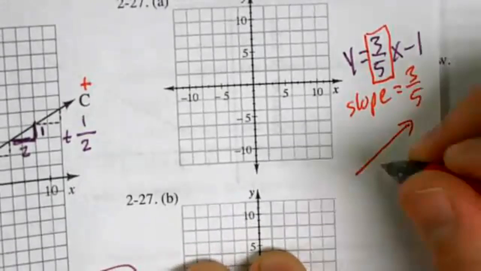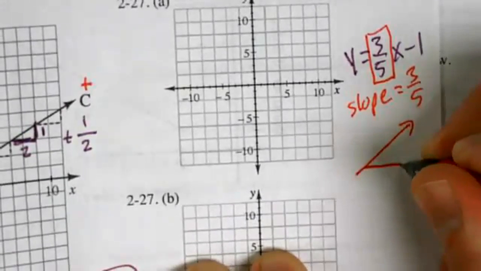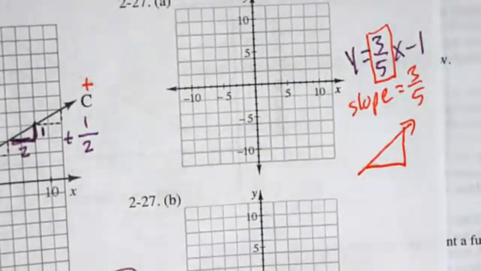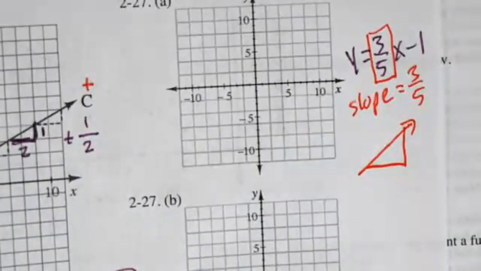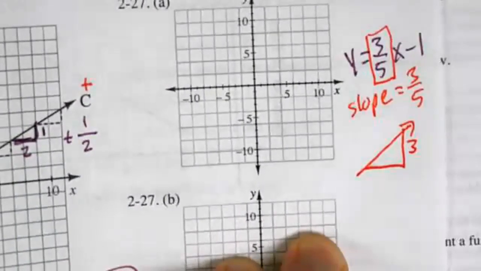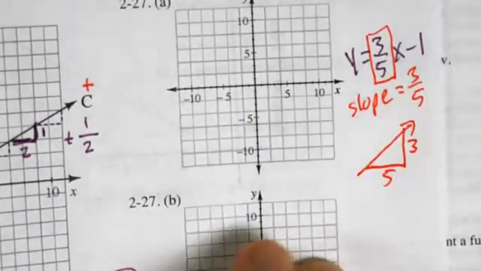And when we make our slope triangle, where's the 3 going to go and where's the 5 going to go? Is the 3 going to go up and down or is it going to go left and right? Up and down, right? It's rise over run. So the 3 is going to go up and down and the 5 is going to go left and right.